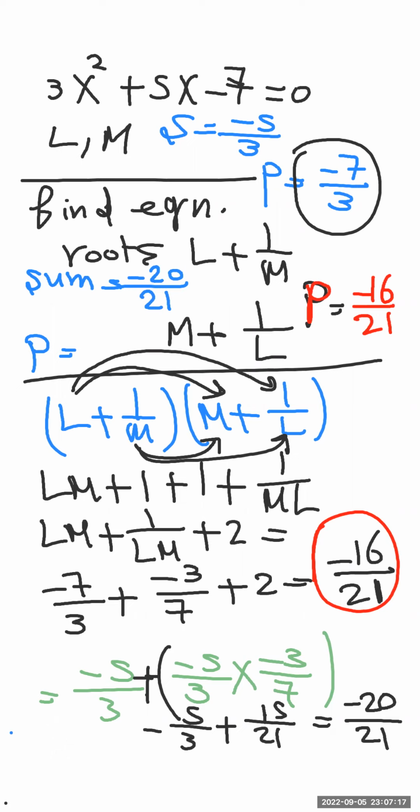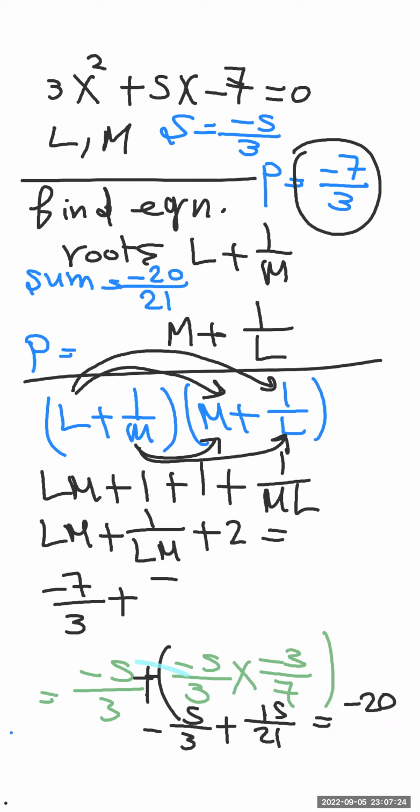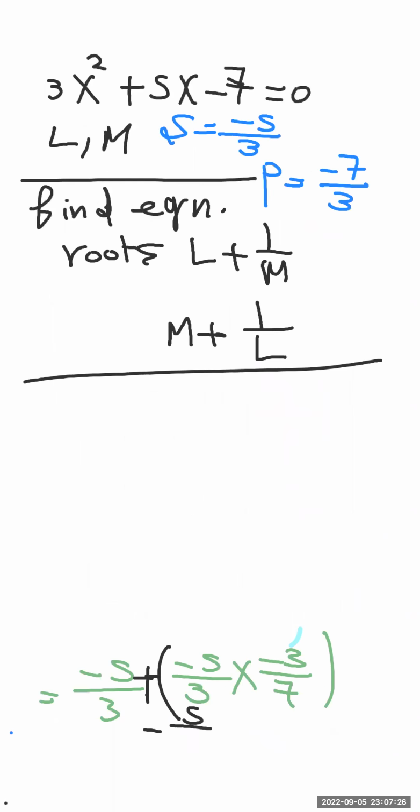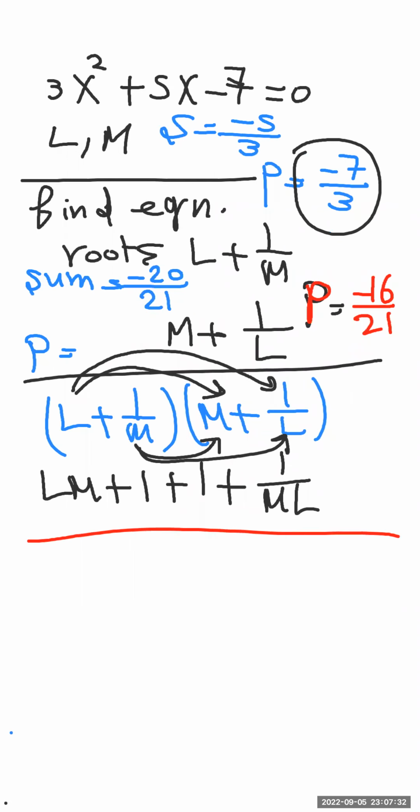Now the last step is to write the equation. I'm going to write it down here. x squared minus sum times x plus the product. What is the sum?